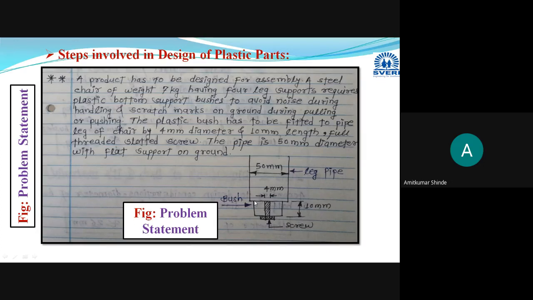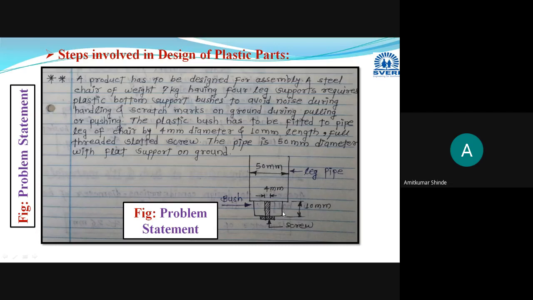Now to decide the diameter, from this point to this point, some design considerations depend on the diameter of this leg. This is the leg of the chair. Depending on this diameter, you have to decide the diameter of the bush.